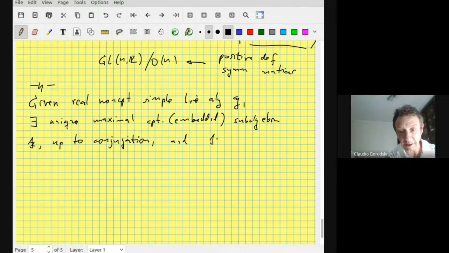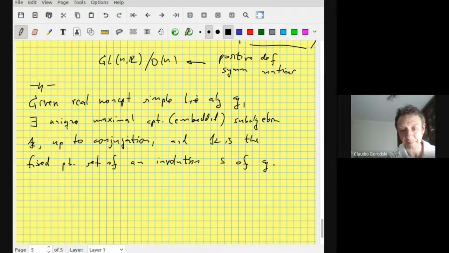And K is the fixed point set of an involution S of G. So we can write this involutive decomposition under S.